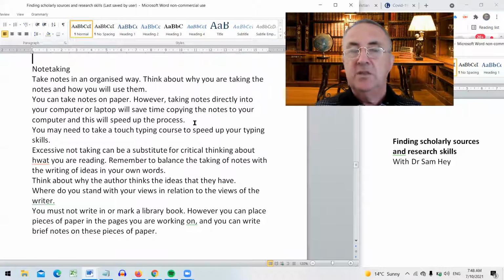We've mentioned also the use of Google Scholar and the use of the college resources, and we've mentioned also ways of evaluating these resources to determine if they are scholarly resources. We've talked about the importance of peer-reviewed resources, the importance of resources with references, the importance of resources where you know the name of the scholar.